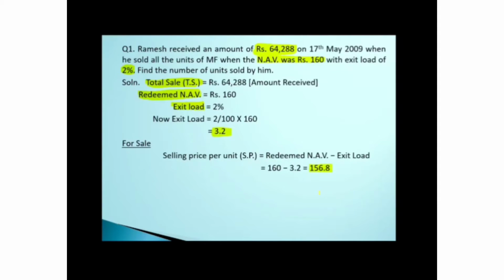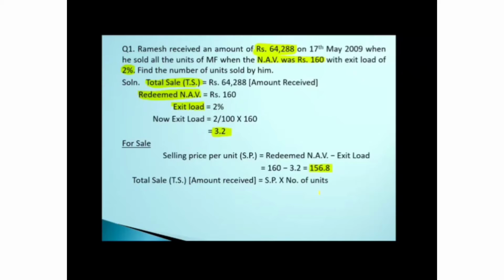Then we move ahead and use the second formula of sale, that is total sale, or you can say the amount received, and that is given by SP multiplied by number of units. Whatever data is there, you can substitute it over here and go with the calculation to get the number of units.